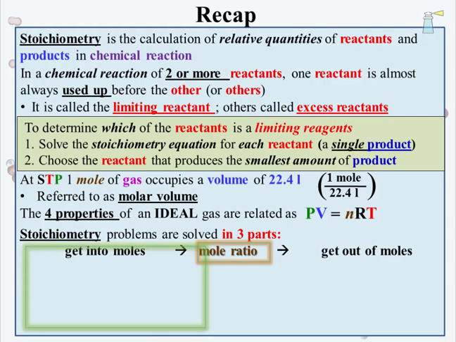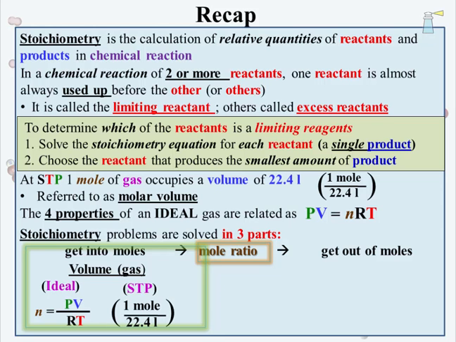When dealing with gases, stoichiometry problems usually have the amount of gas presented as a volume. We looked at 2 ways that gas volume can be converted into moles. One uses the ideal gas law equation with moles isolated on one side of the equation. The second setting was a gas at STP and used a molar volume ratio of 1 mole to 22.4 liters of gas.